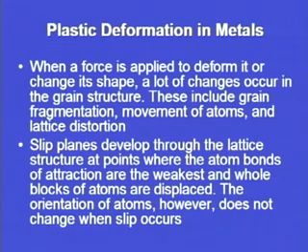When a force is applied to deform the metal or to change its shape, a lot of changes occur in the grain structure. These include grain fragmentation, movement of atoms and lattice distortion. All these aid in the plastic deformation of the metal.